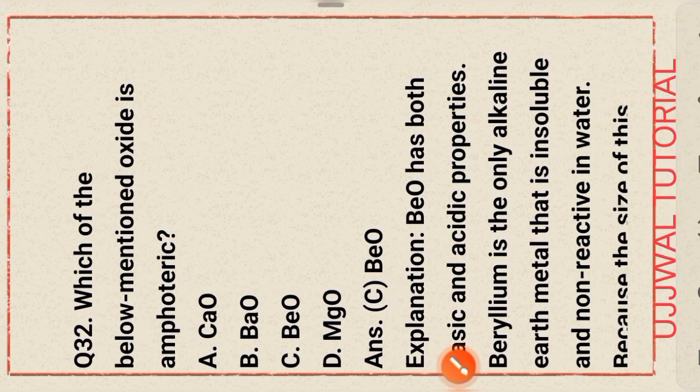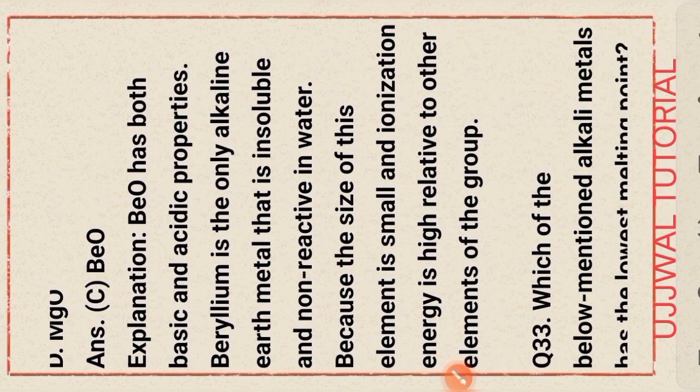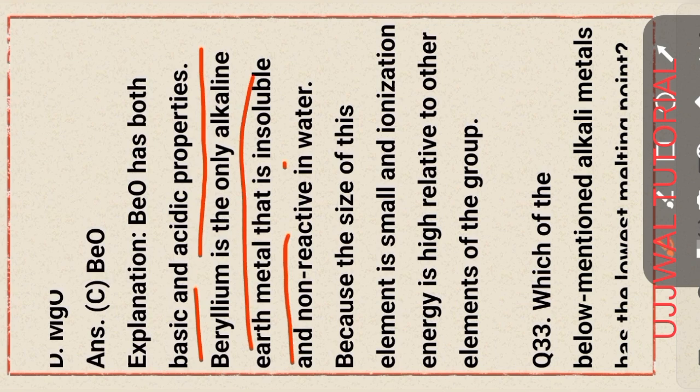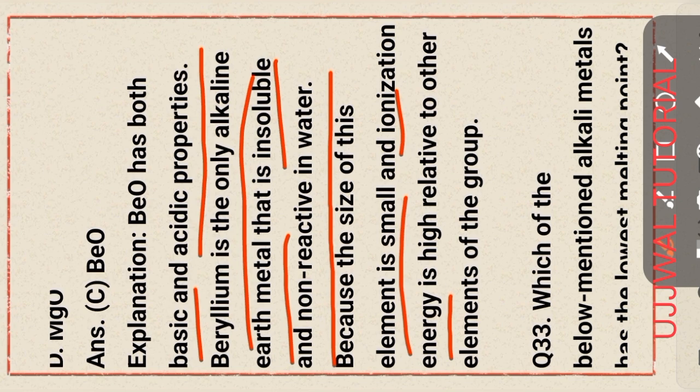Beryllium oxide has both basic and acidic properties. Beryllium is the only alkaline earth metal that is insoluble and non-reactive in water, because the size of this element is small and ionization energy is high relative to other elements of the group.